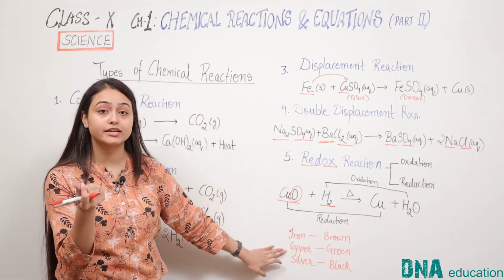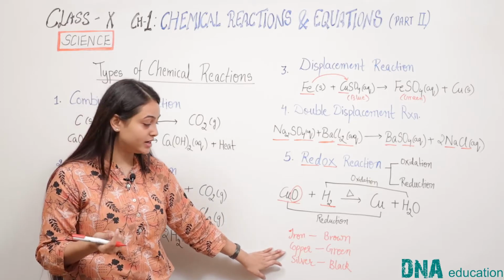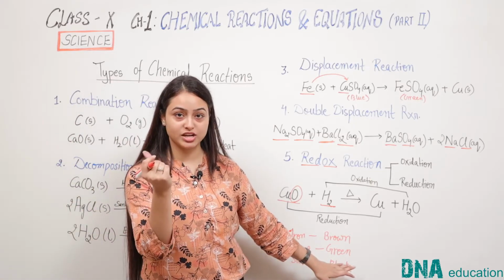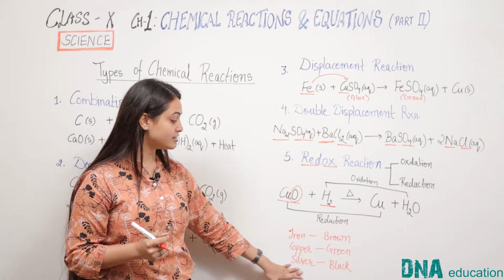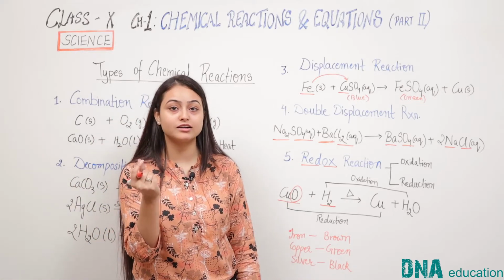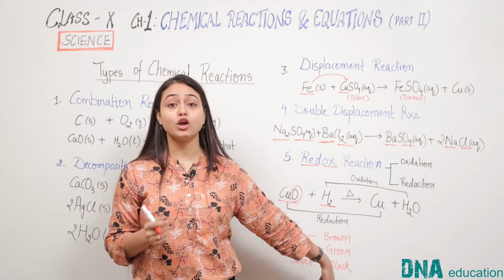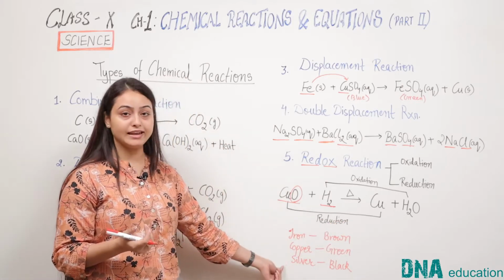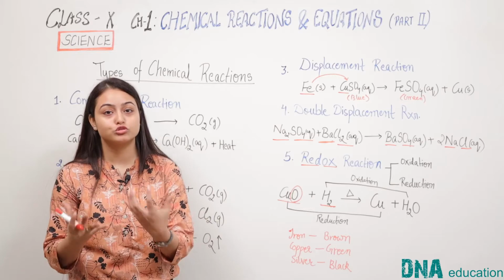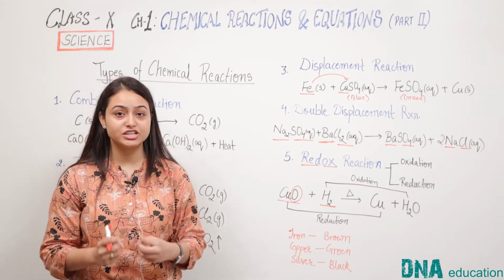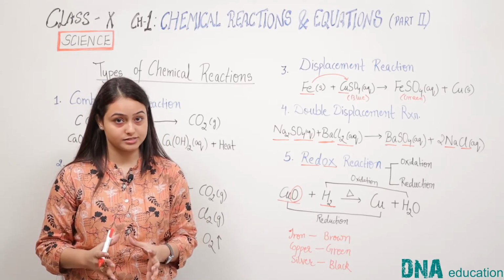Similarly, copper articles also get corroded and acquire a greenish color coat. Similarly, silver articles acquire a black colored coat. So all these colored compounds are actually oxides of these elements, and it results in corrosion of metals and degradation of the quality of the articles.